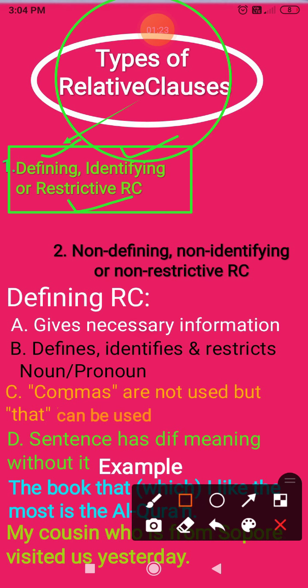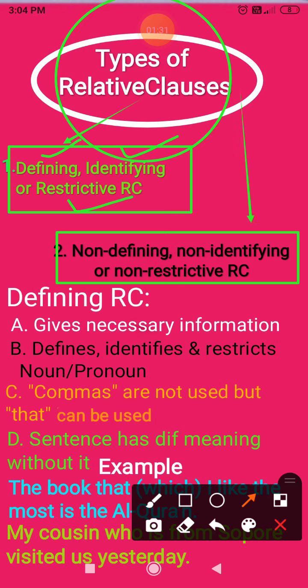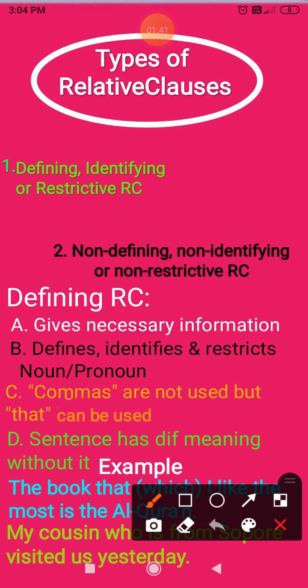And the second type is known as non-defining relative clause or non-identifying relative clause or non-restrictive relative clause. So let's first define the defining relative clause.